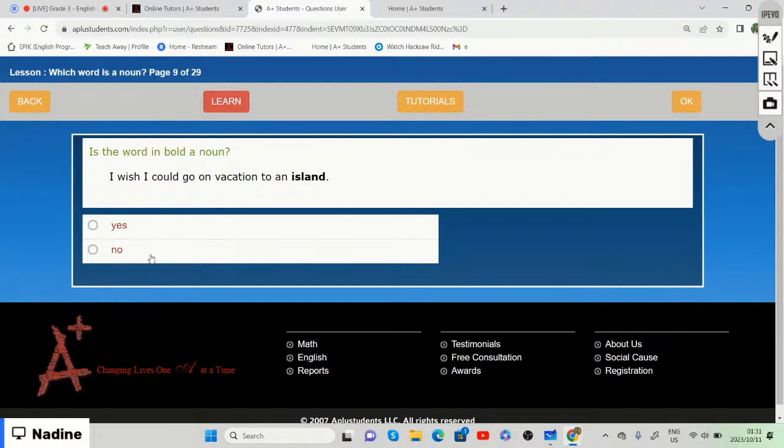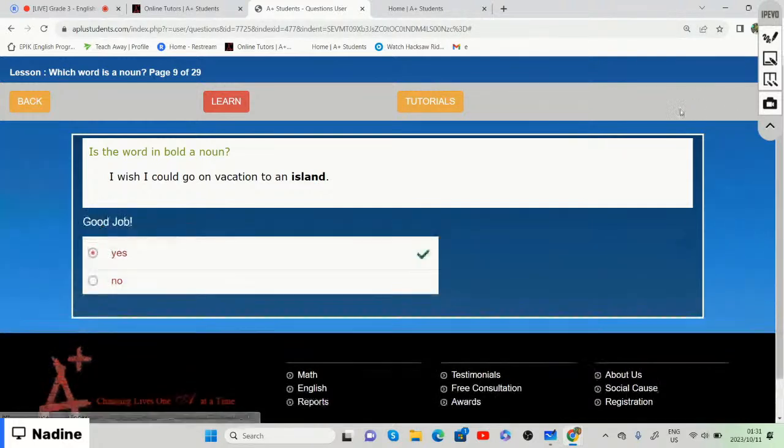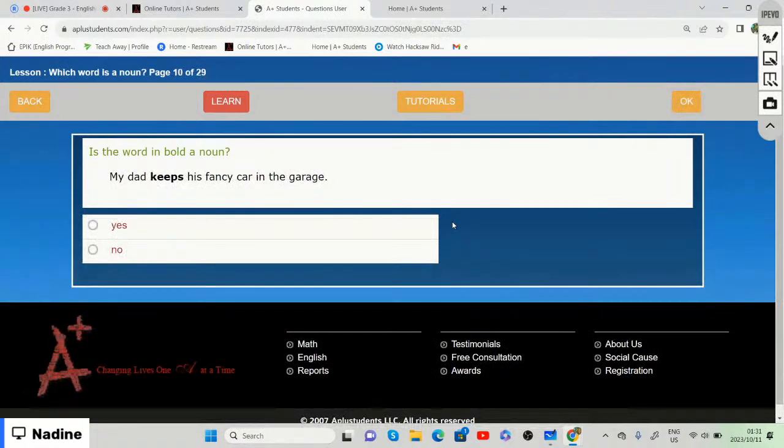So we need to say if this answer island is a noun. All right, so let's say yes. The word island is a noun because it's basically naming a place.